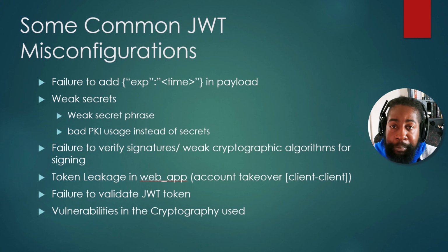Okay, another common JWT misconfiguration is failure to validate the JWT token. Now that kind of goes with the weak secrets and failure to verify signatures. If you don't validate the JWT token, which expands beyond just the signature, for example, validating the signature is just validating that the token is valid.